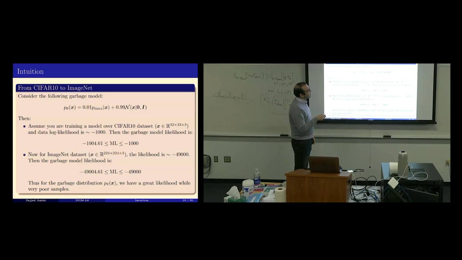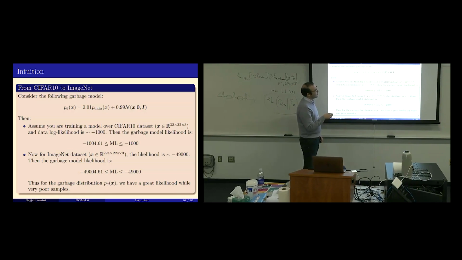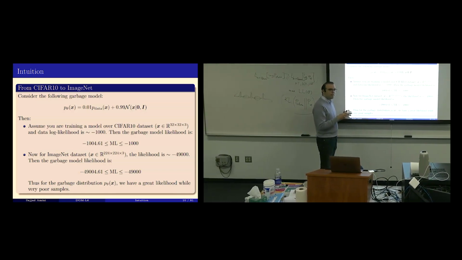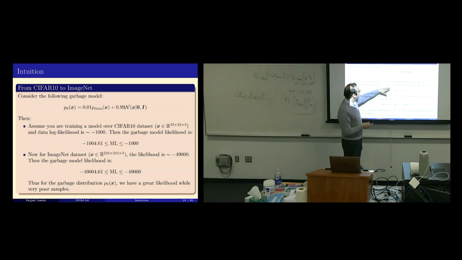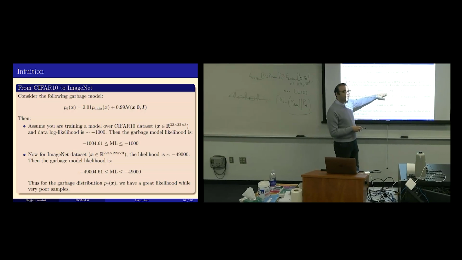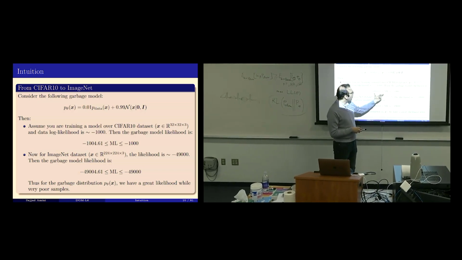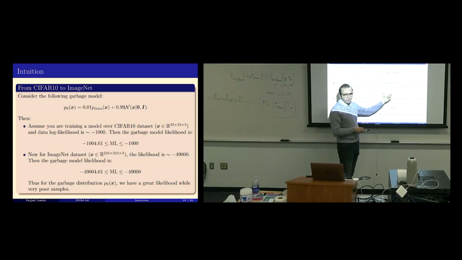The likelihood is about minus 1,000. This is really a typical number. You can see that in papers working with CIFAR, the likelihood is of this order, okay? The garbage model has this likelihood. It means that the garbage model is almost near to your data.